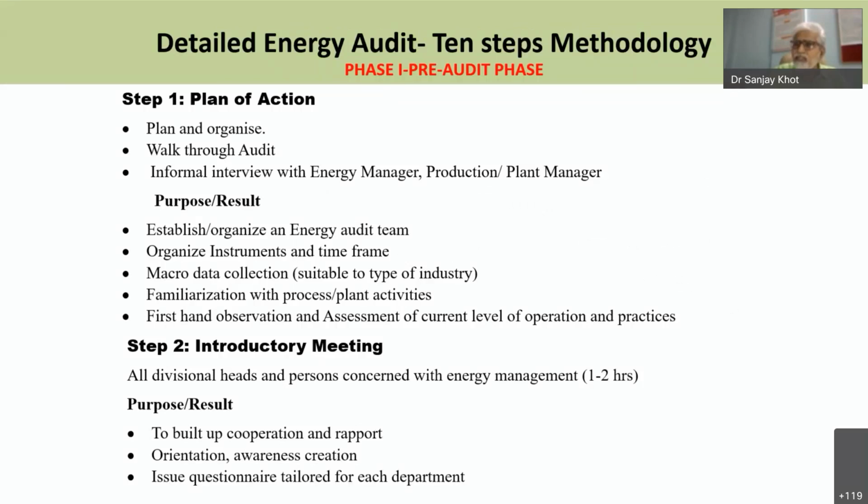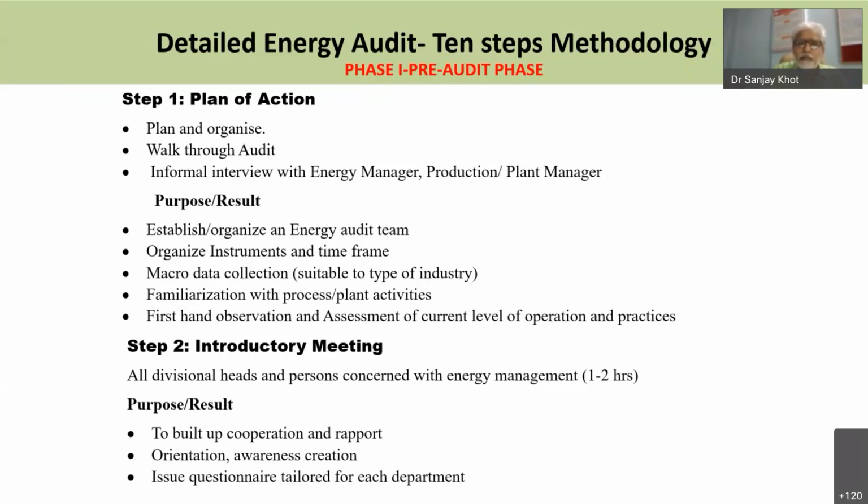Now during the second step, that is the introductory meeting, we share all the information related to the company and its type of production, and by that we prepare one questionnaire on what data we need to conduct the energy audit. That comes under step 2. Here during step 2, we plan for the instruments.